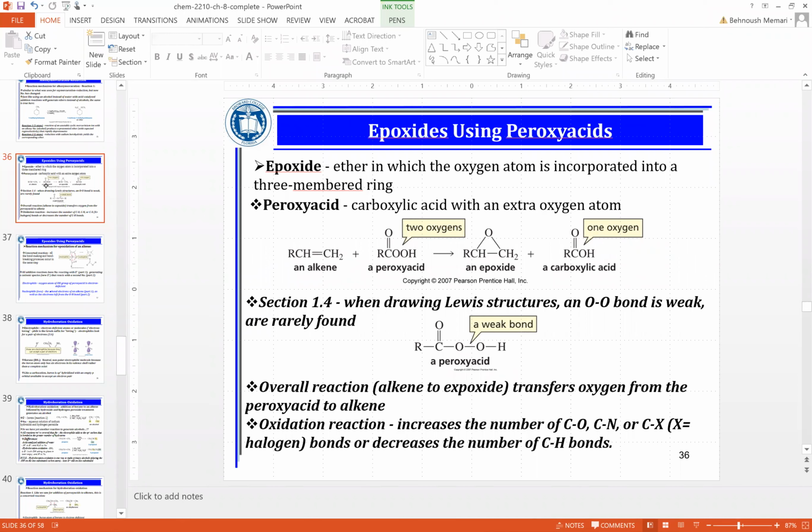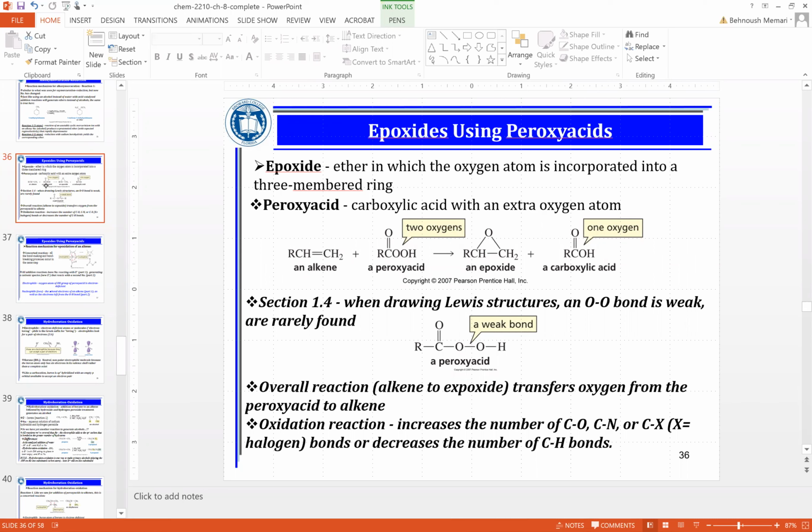And in order to memorize the reagents, the best thing to do is to make flashcards. Write the name, the title for the reaction, and write what the reactant is. In this chapter, every time the reactant is alkene. What is the reagent and what would be the product?